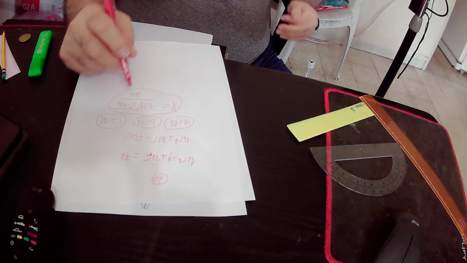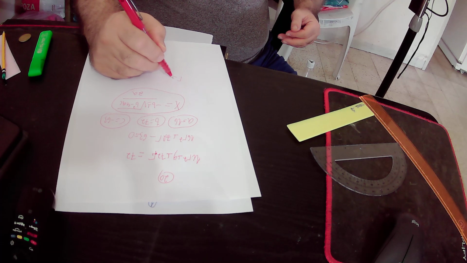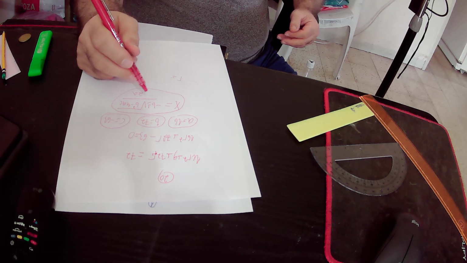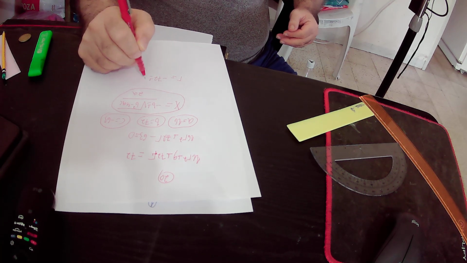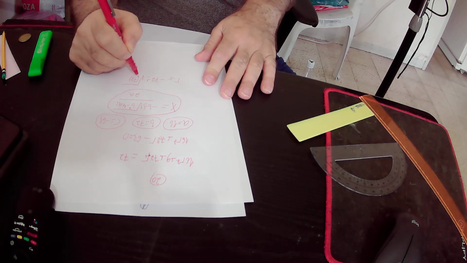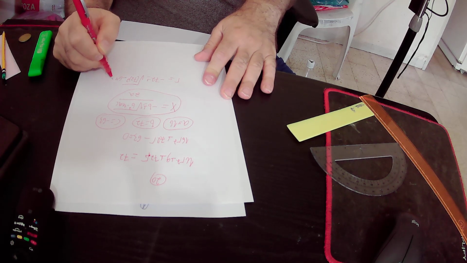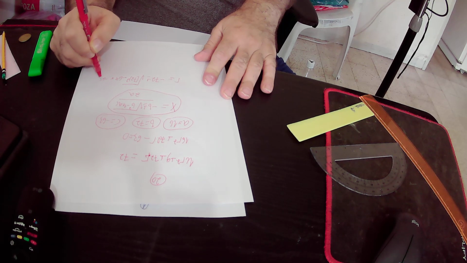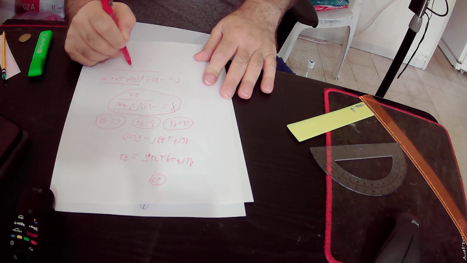So here the variable x is r, so r equals to minus b, b is 72, so minus b is minus 72, plus minus root of 72 squared minus 4 times 16 is 64 times minus 63 over 2a, 2a is 32.